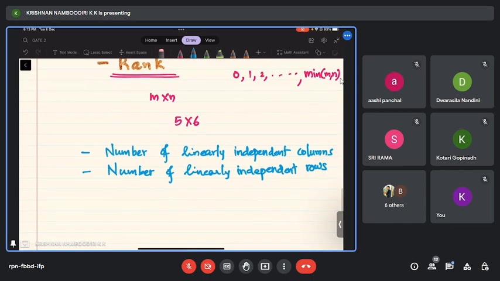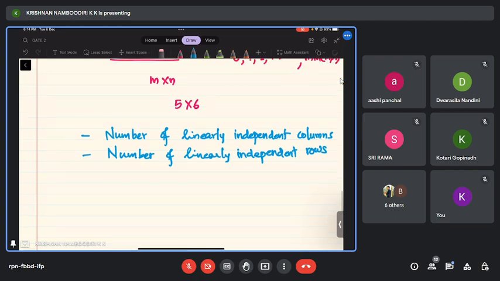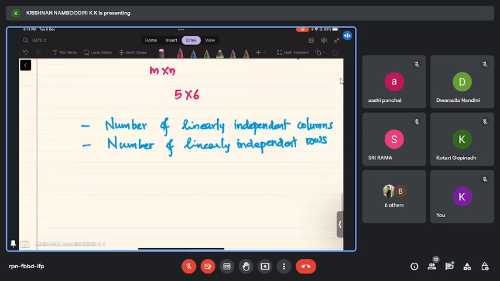So I'm just going through the definition. While solving problems, I can give more explanation on how to calculate the rank of a matrix. Now, again come back to square matrices. That means the size that we are considering is again n cross n, a square matrix.